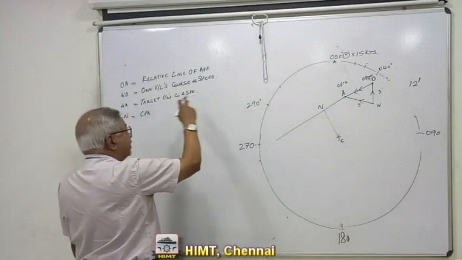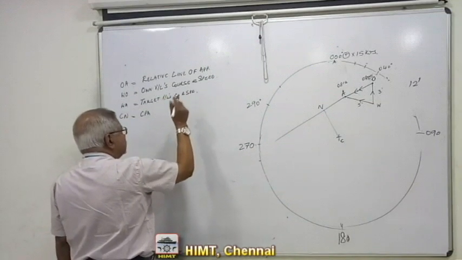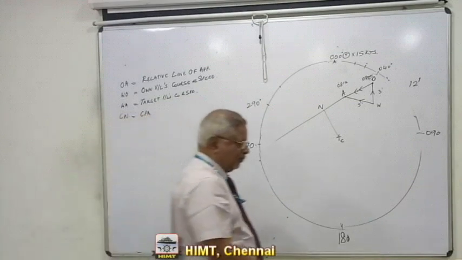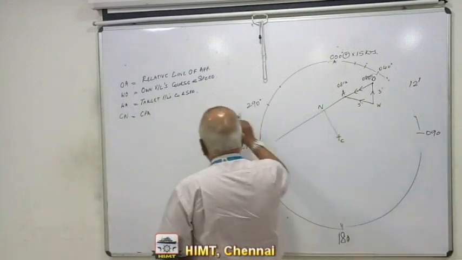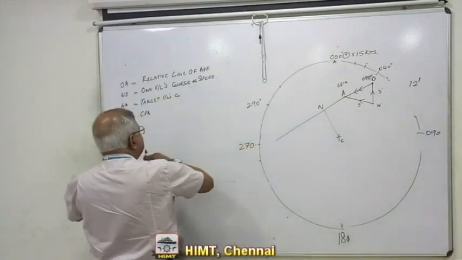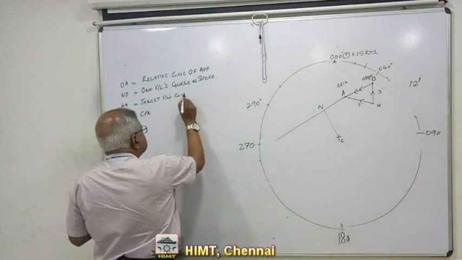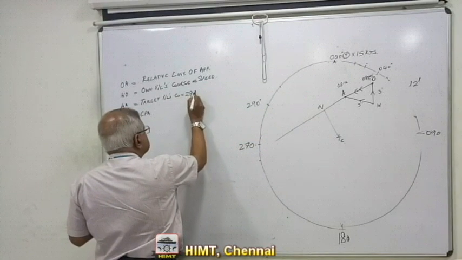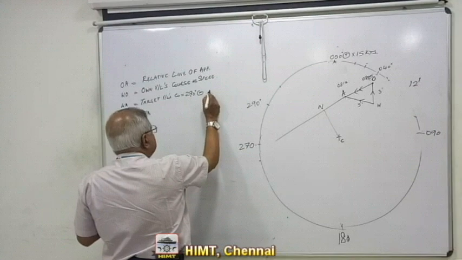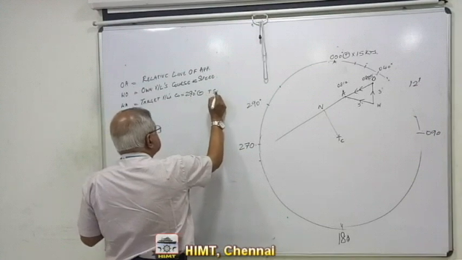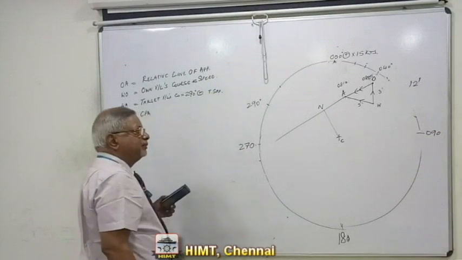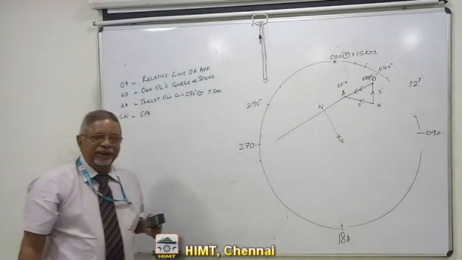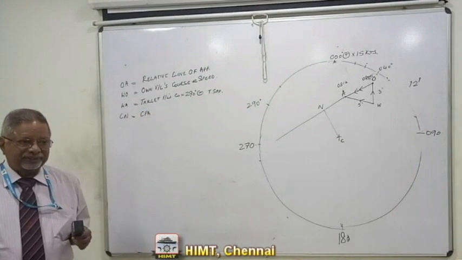You already found out your target course. Target course, we have approximately, we said it is 290 degrees. And target speed: 5 miles in 12 minutes.